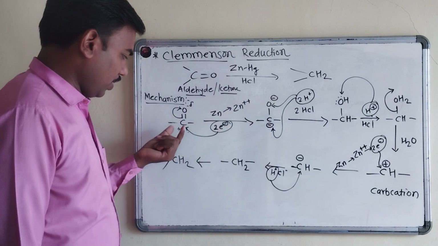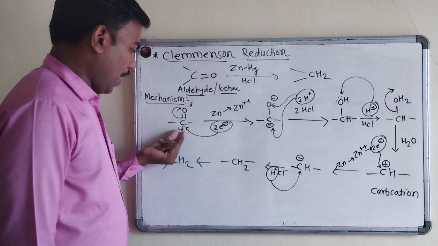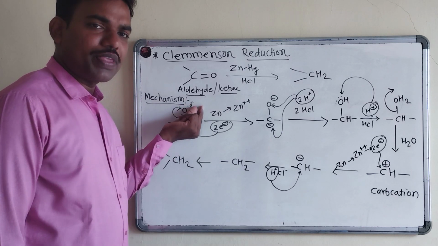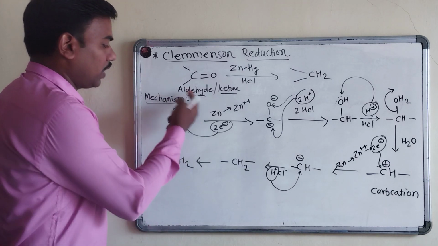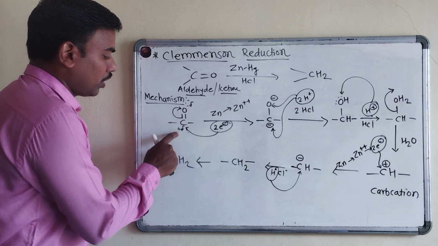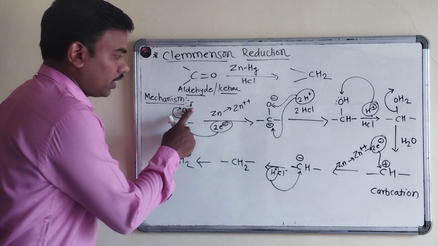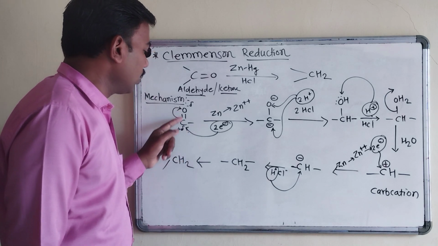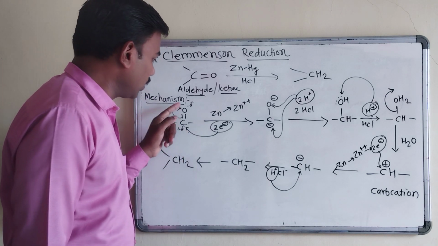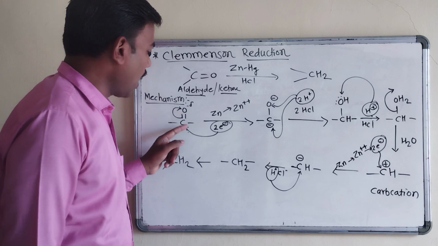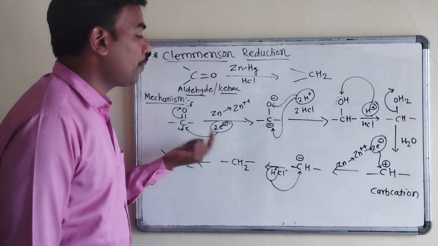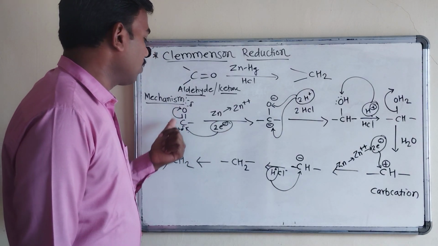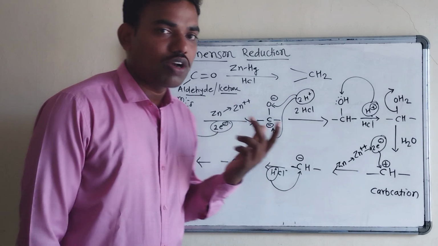So why have I written partial positive and partial negative? This electron transfer is going on, so I have written partial positive, partial negative. Once this electron is passed from this carbon to this oxygen, complete positive and complete negative charge will be observed.